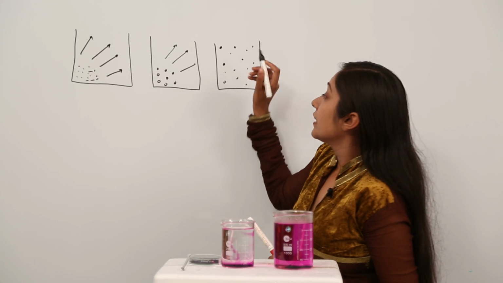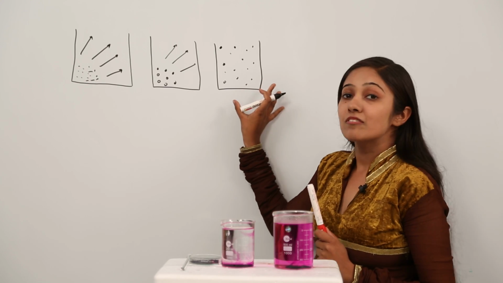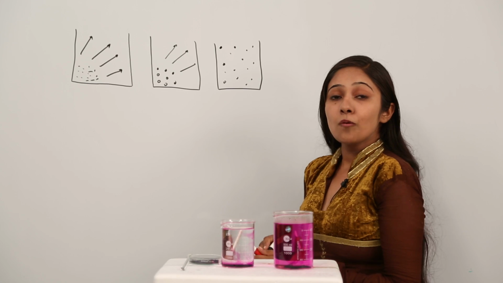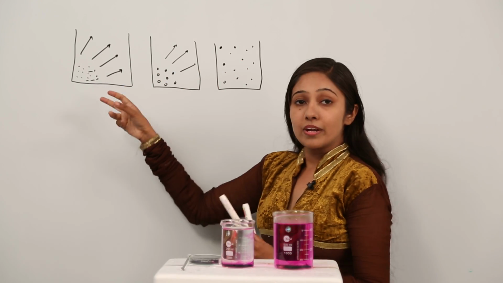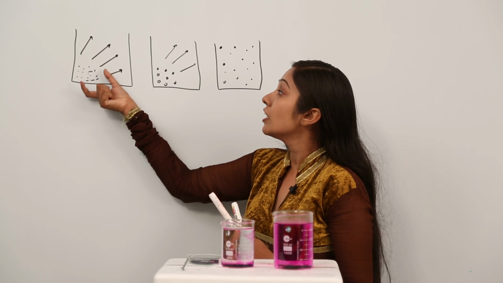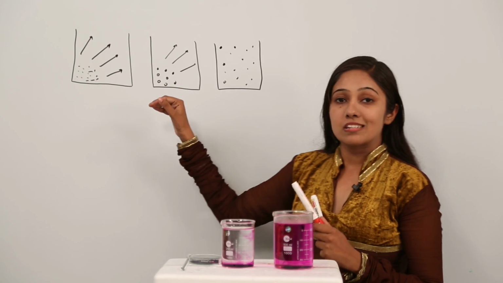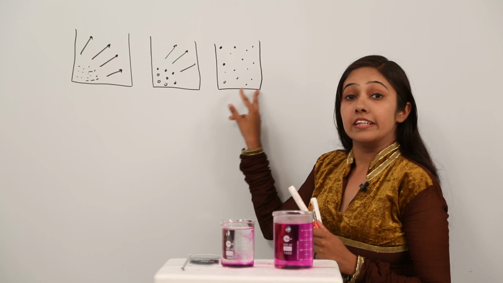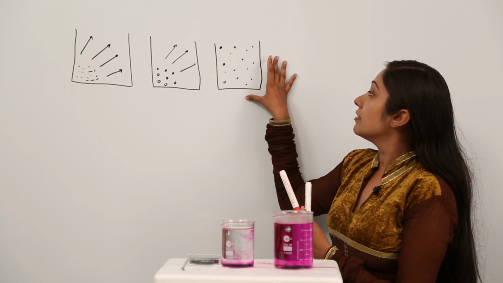So the diffusion process continues till the time the molecules have spread evenly in the entire beaker, as you can see. So the process of diffusion is the movement of the molecules from the region of higher concentration to the region of lower concentration, and this diffusion process takes place till the time these molecules have spread evenly in the entire solution or this beaker containing water.